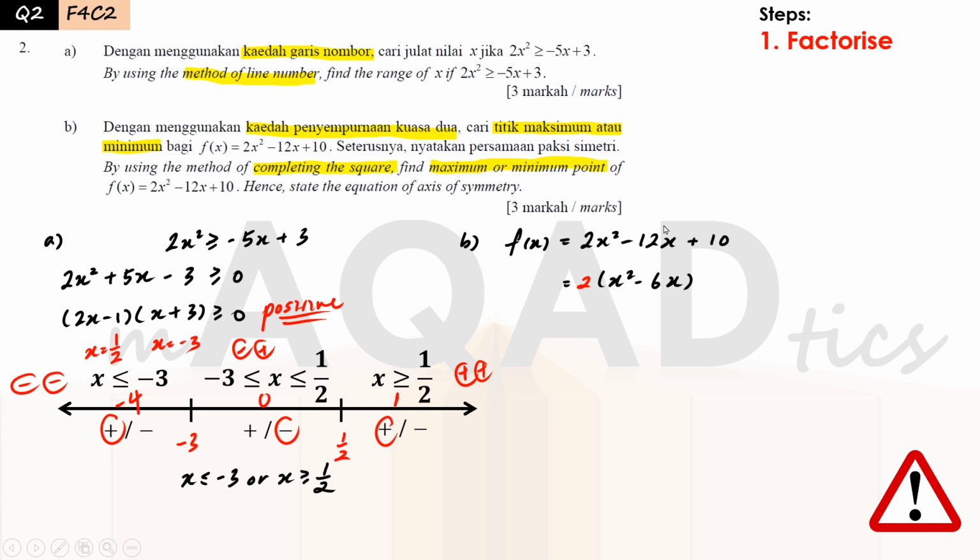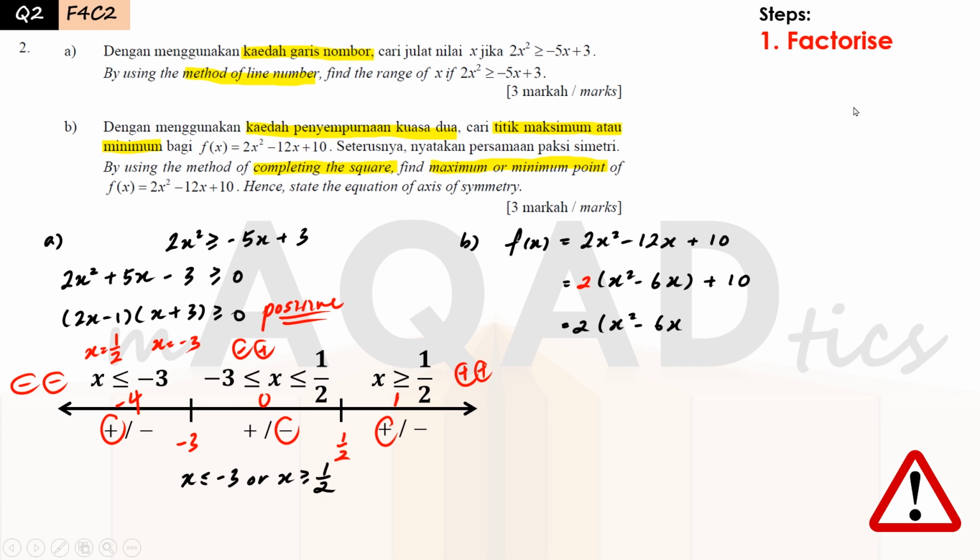But for this value, because it has an x, we also need to take out 2 from -12. So -12 divided by 2 to get -6. And for the value here, we can just ignore, remain it as it is.